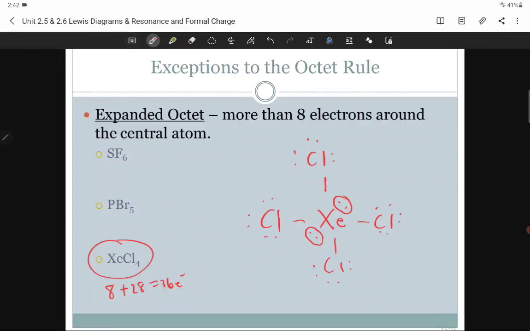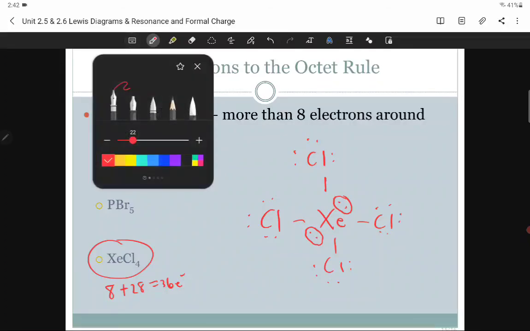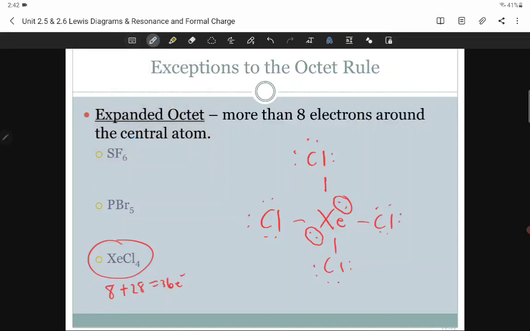And so that's how this one works. So xenon, let's go with a different color here, has 2, 4, 6, 8 electrons that are bonded, or shared, I should say. And then 2 sets, 4 electrons, that are not being shared.